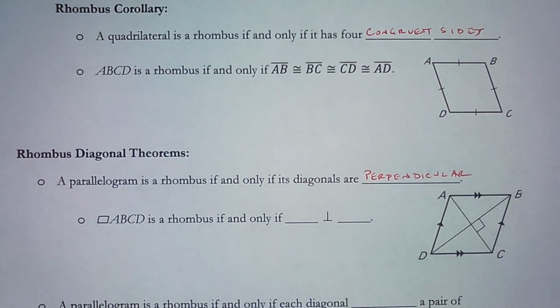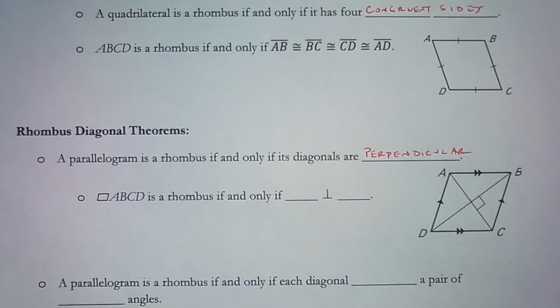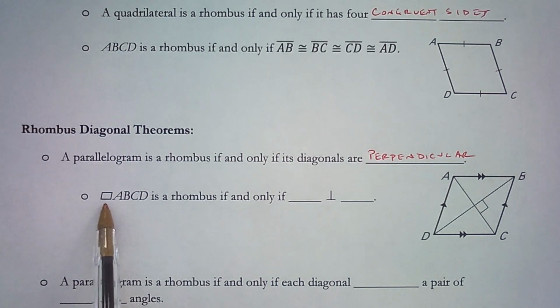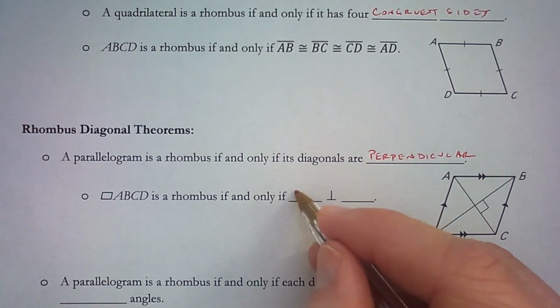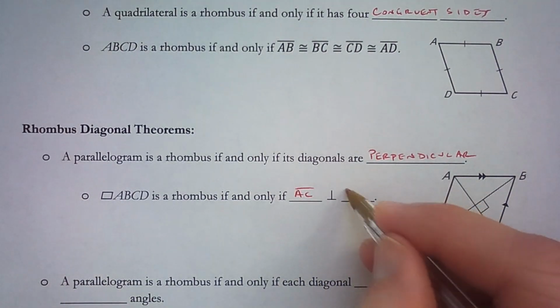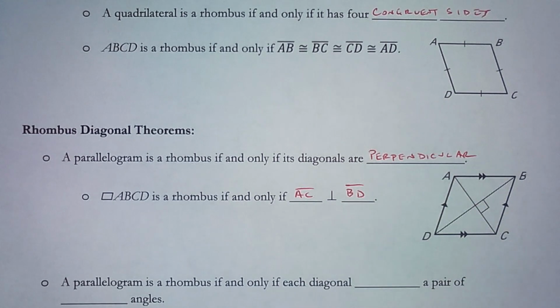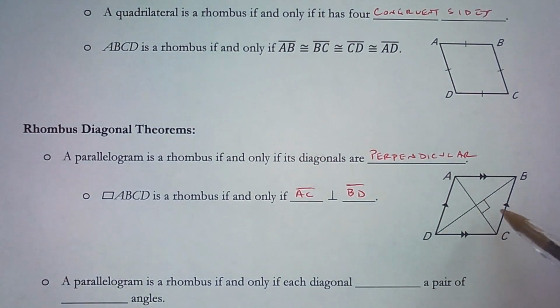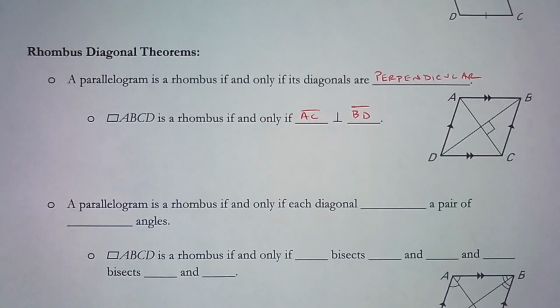So in a rhombus, diagonals must be perpendicular. So parallelogram ABCD is a rhombus if and only if segment AC is perpendicular to segment BD. Okay, so if those two diagonals are perpendicular, then ABCD is a rhombus.